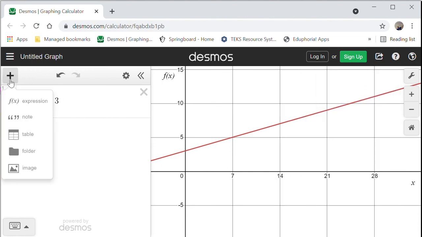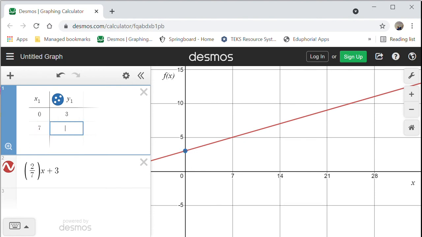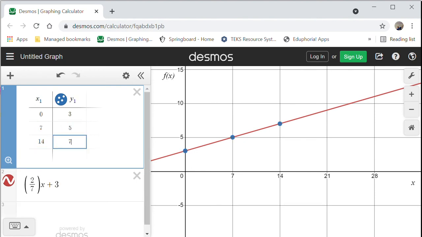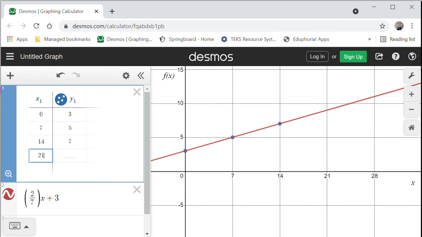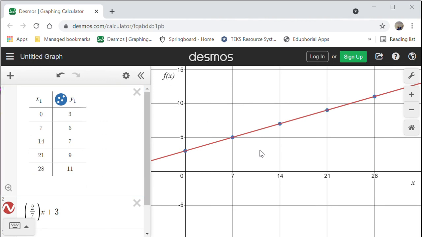So we see, if I do a table here, at 0, it was 3, and at 7, it's 5, and at 14, it's 7, and at 21, it is 9, and at 28, it is 11. Okay, so we see that same exact deal that we saw when we made the table.